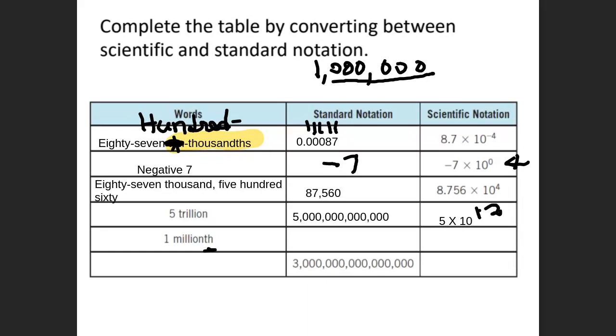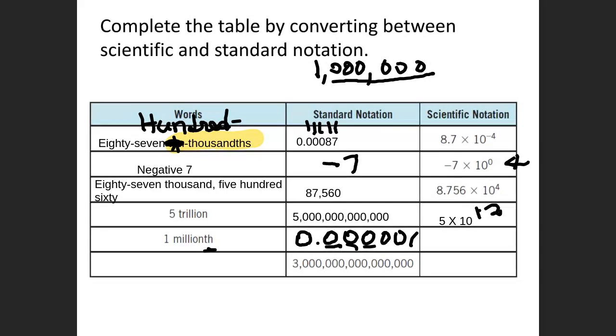I have 6. So this will be 0 point. Now I need 6 decimal places here, which will give me 0.000001.